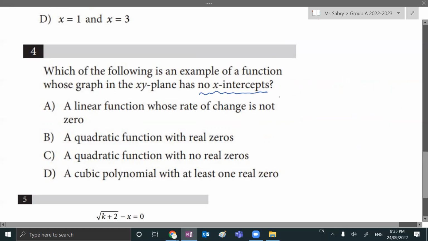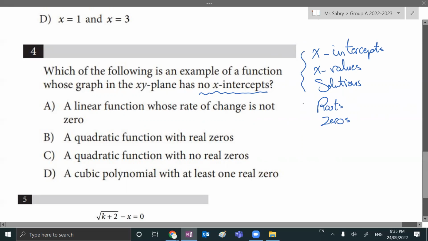no x-intercepts? Now, if you remember, I told you a few names that are all representative of the same thing. The x-intercepts are the same as the x values, are the same as the solutions, are the same as the roots, and the zeros. They're all the same thing.